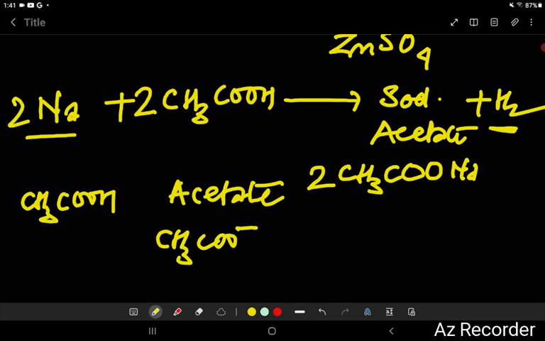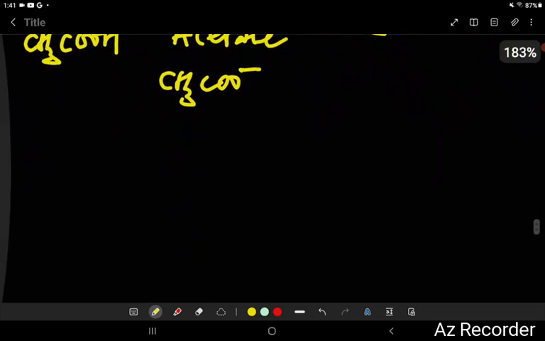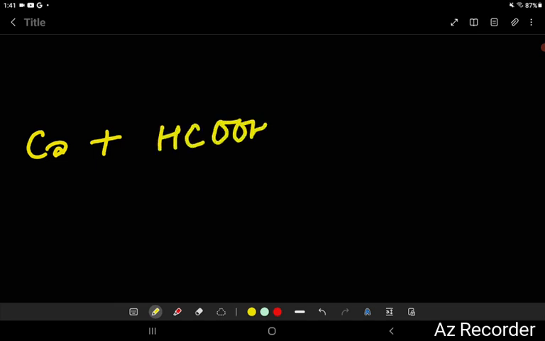One more acid is called organic acid also. This is also organic acid, this is mineral acid. Formic acid: if we are writing the reaction between calcium metal and formic acid, that is HCOOH, you will get calcium formate, because it is calcium here.